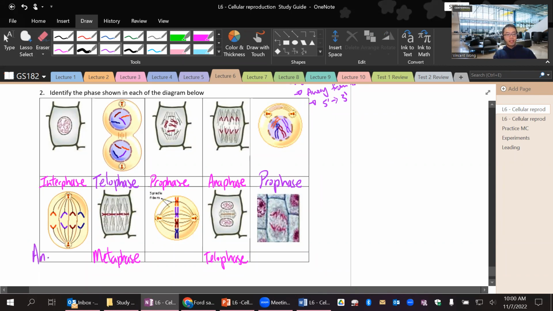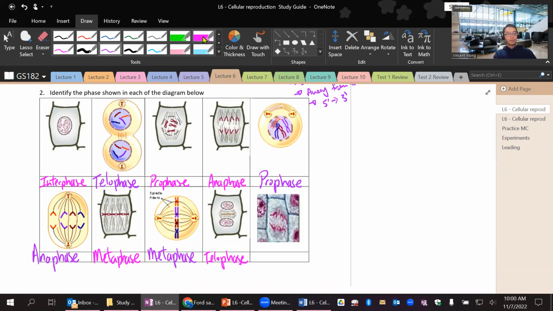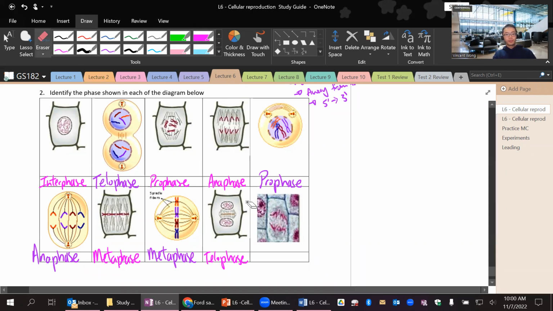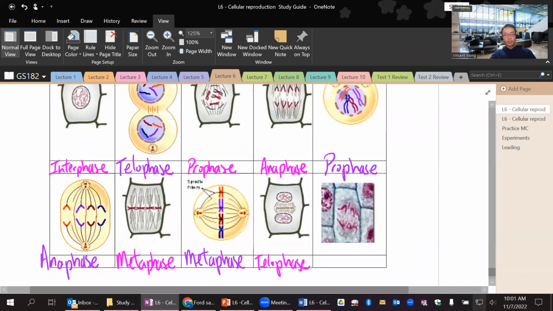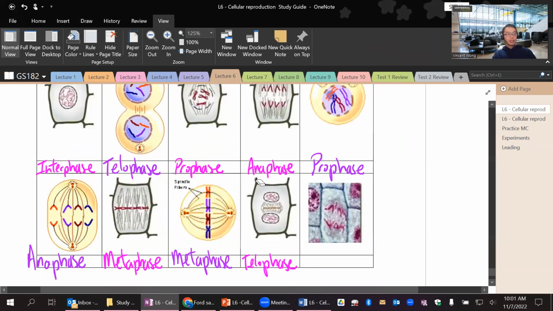This is the anaphase. This is the metaphase. Okay, and just last one, what is this? Help me out here, please. Anyone? What does it look like? Zoom in a little bit for you. Yep, that is totally anaphase.